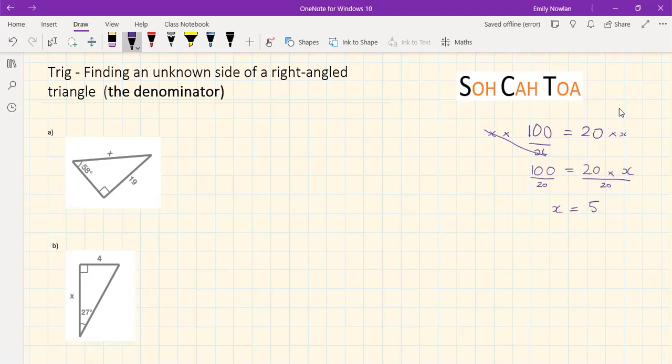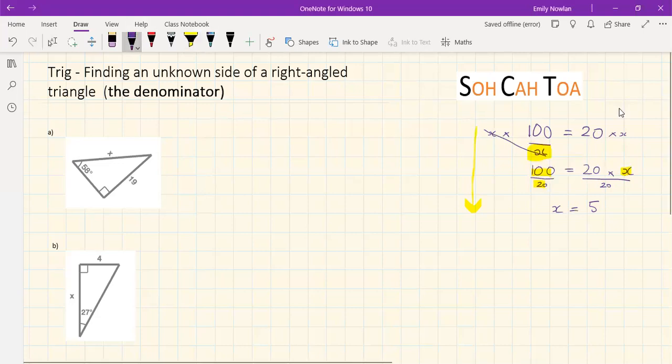So when you want to know something on the bottom, or the denominator, because that's what the denominator is, if we want to find out this part, we can go through this long process, or we could look for a little sort of shortcut to get there straight away. And what you'll notice is that the question became x is equal to 100 over 20.